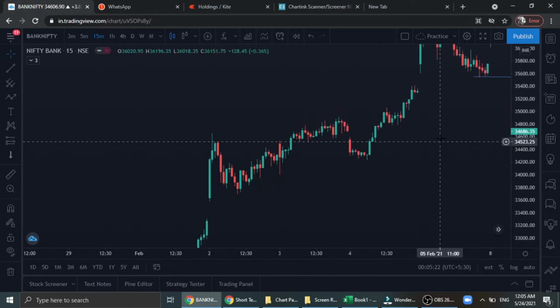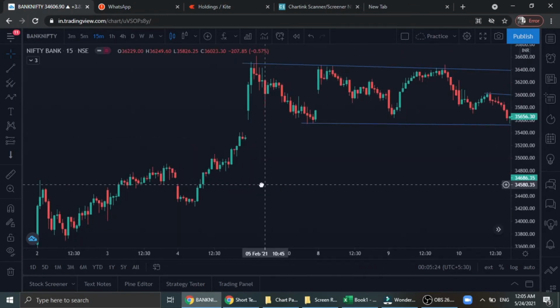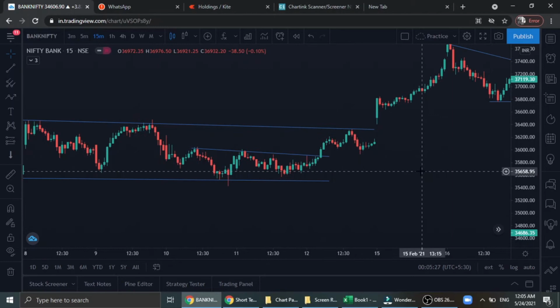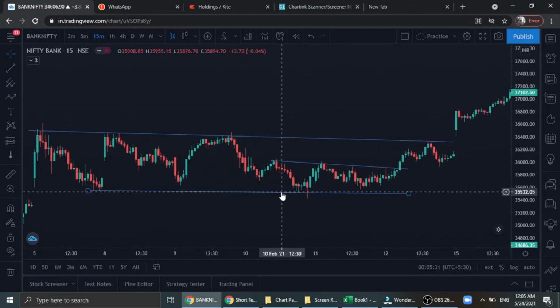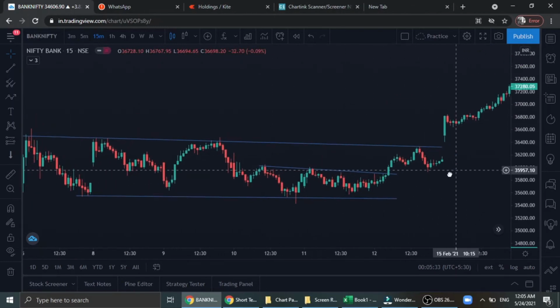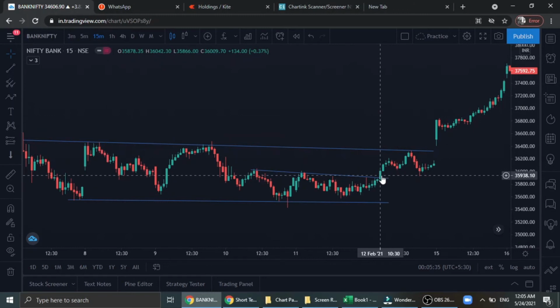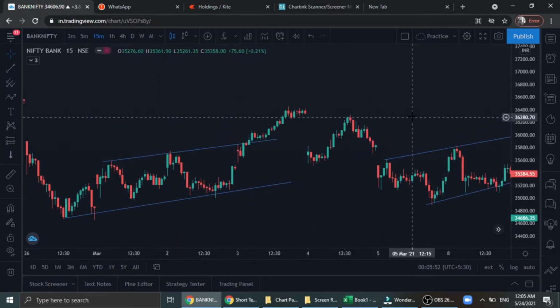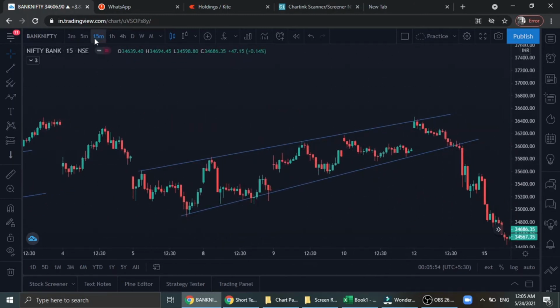So whenever there is a possibility of having these patterns, if you are very sure that the pattern has formed clearly, then the breakout will be very clear. So these are all I have drawn on the 50 minutes time frame just because most of the people are interested in intraday time frame.